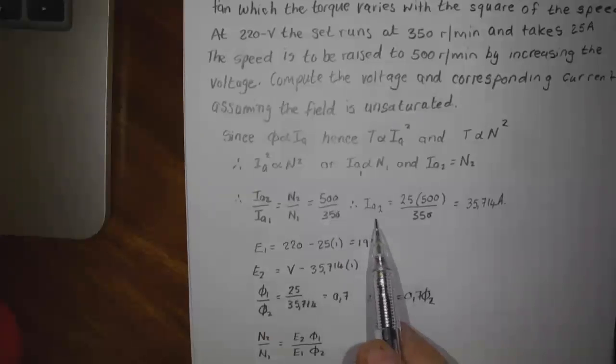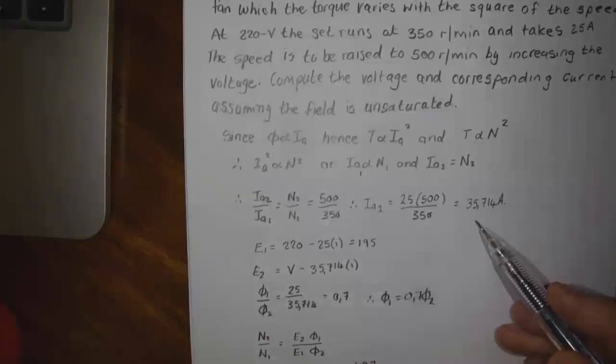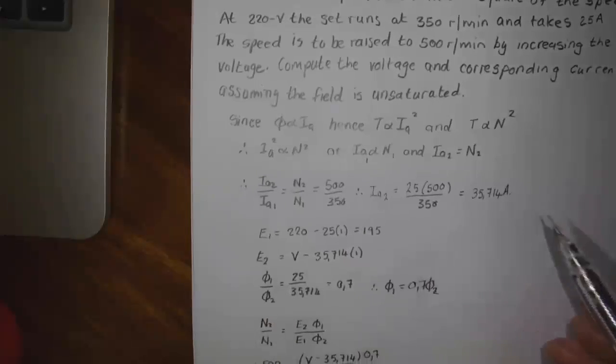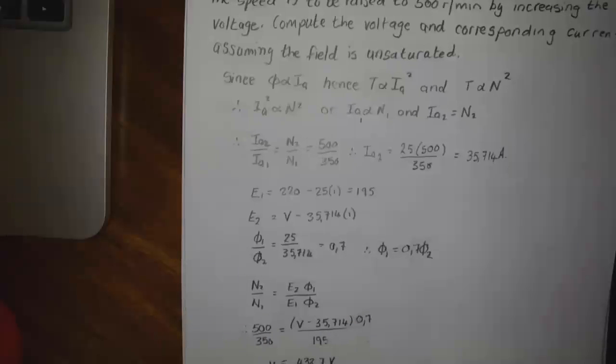And therefore IA2 is 25 times 500 divided by 350. That gives us 35.714 amps. So E1 is 220 minus 25 times 1, which gives us 195 volts. And then E2 is V minus 35.714 times 1. Then flux 1 over flux 2 is 25 divided by 35.714.